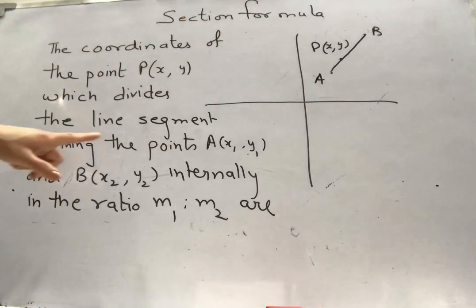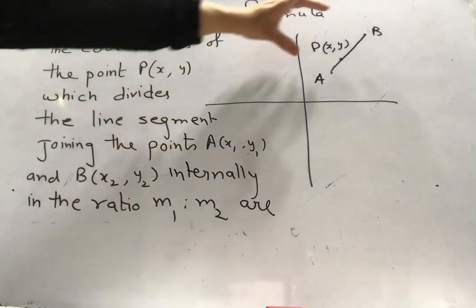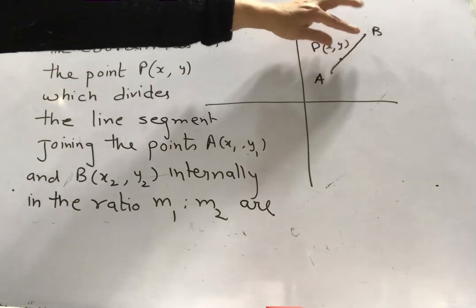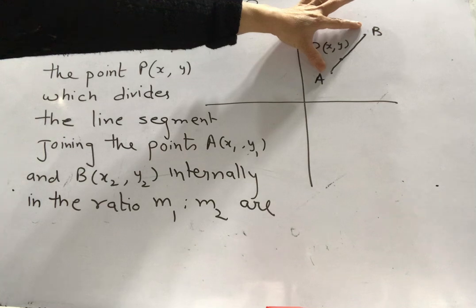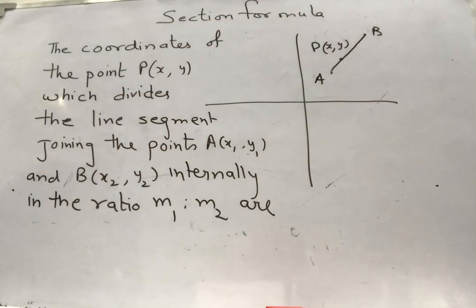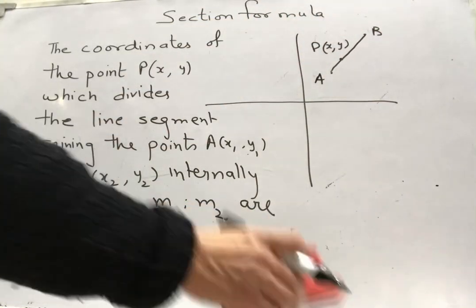Internally, if you join AB, this point x, y is lying on this part between A and B. Now let's write the section formula.